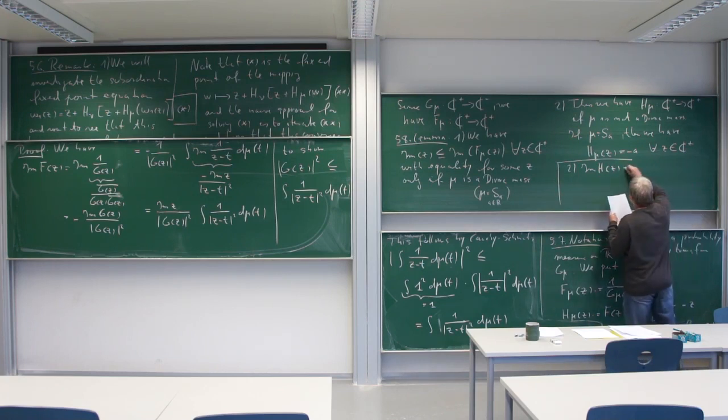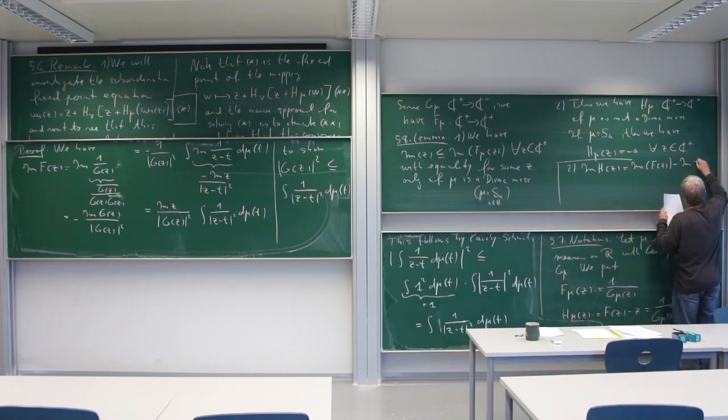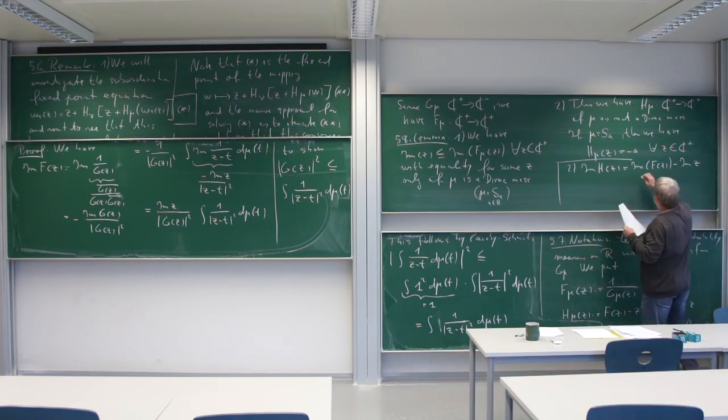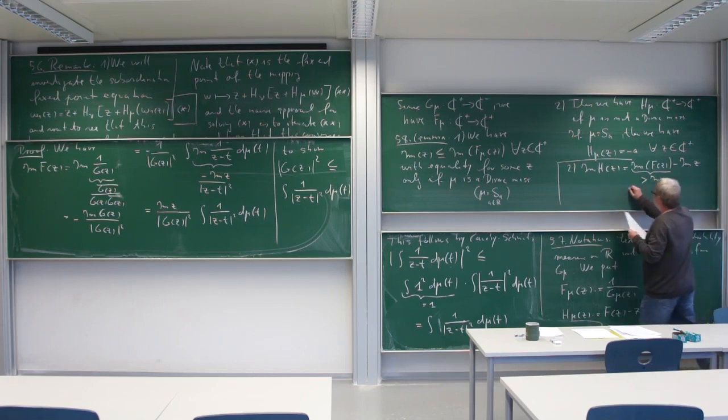So this is the imaginary part of f of z minus the imaginary part of z. H was f minus z. And if you don't have a Dirac measure, then this here is strictly greater than the imaginary part of z, according to what we just showed. So this means this here is greater than 0. The imaginary part of h is greater than 0, which means h is in the upper half plane.